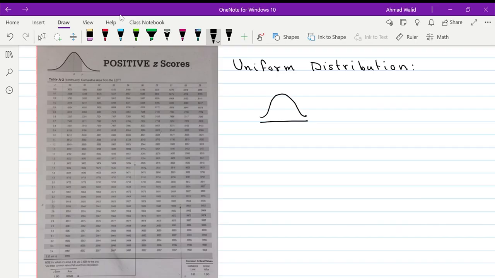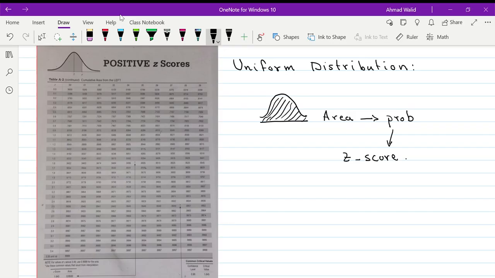Under this curve, we know we have an area, right? The area under this curve. Translate the area as a probability, and also connect my probability to a number that we call the z-score.